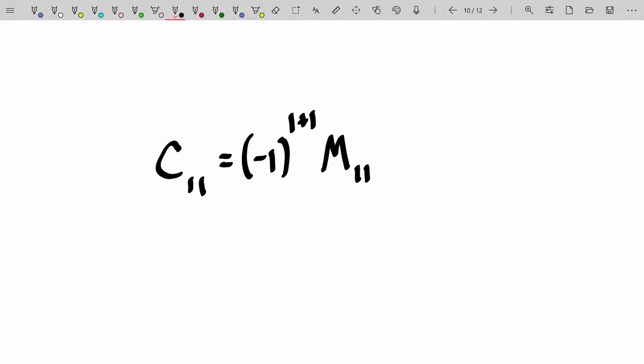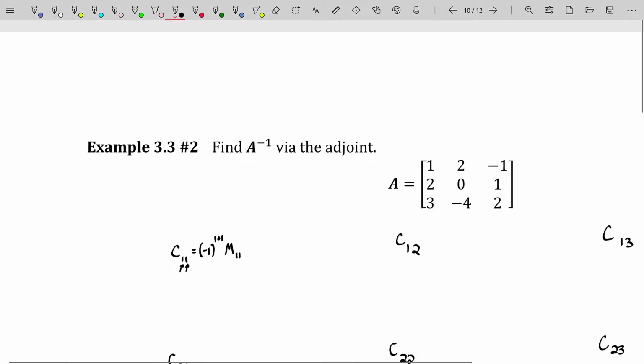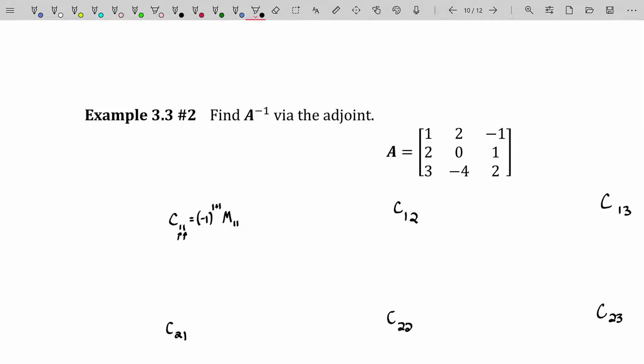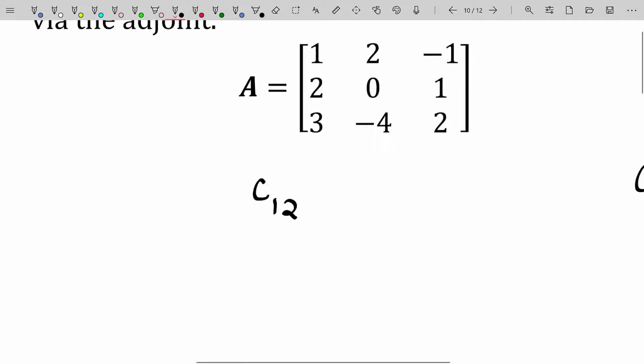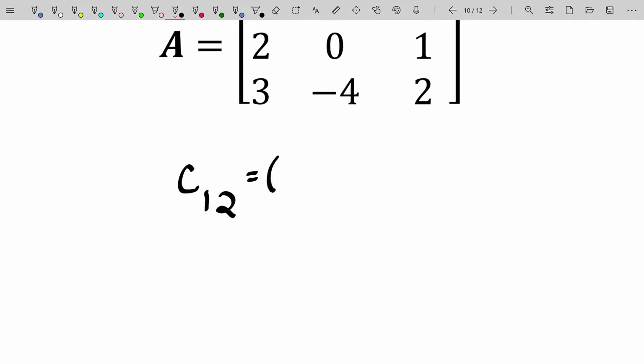Remember, the cofactors are going to be negative 1 to the sum of the indices times the minor of that 1,1 entry. And the minor of the 1,1 entry just means take the determinant if you remove row 1 and column 1. Likewise, C12 is going to be negative 1 to the 1 plus 2 power times the minor of the 1,2 entry.